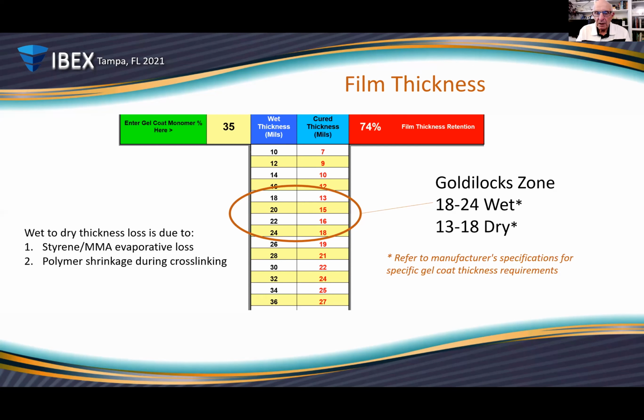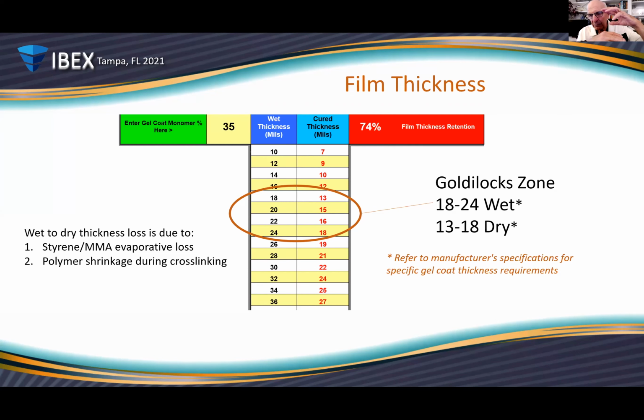Why is that? What's causing that? Well, at the top of the list is styrene and/or methyl methacrylate, MMA, evaporative loss. You have the styrene and MMA leaving the system in emissions, and that is volume that's leaving the system. And then there is the polymer shrinkage during cross-linking. So you have the polyester or vinyl ester polymer, and then you have the monomer polymer.